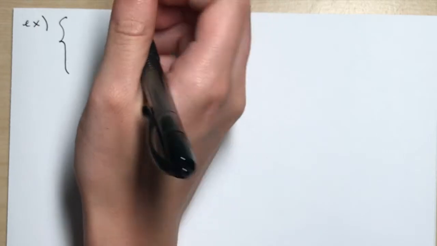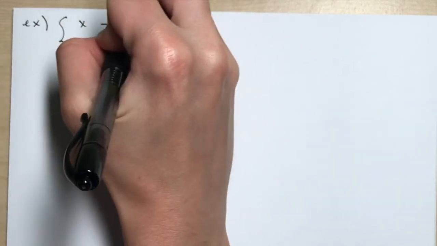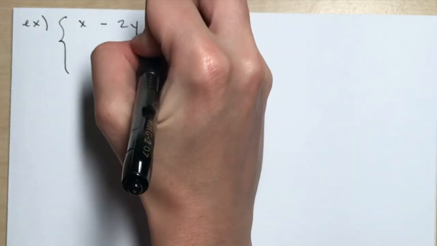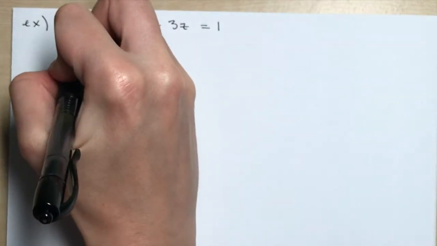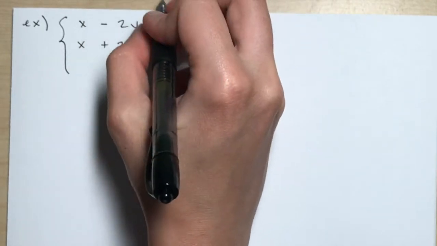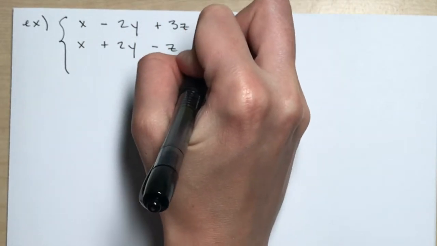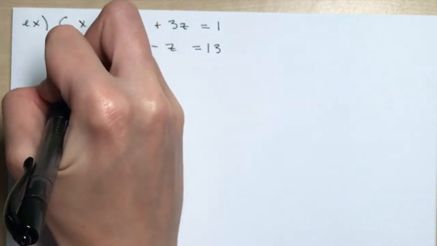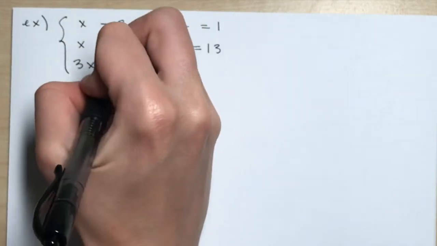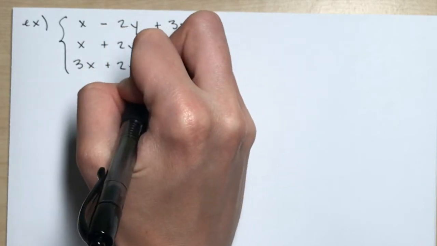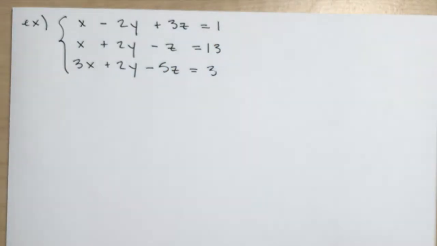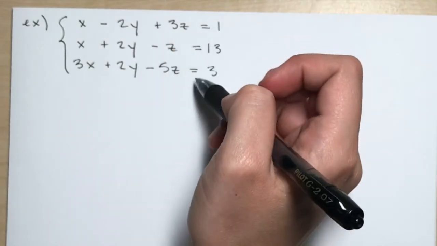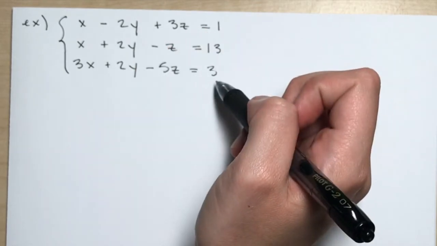All right, let's say I'm looking at the system x minus 2y plus 3z equals 1, x plus 2y minus z equals 13, and 3x plus 2y minus 5z equals 3. What are we set up to eliminate? What would be easiest for us to eliminate?